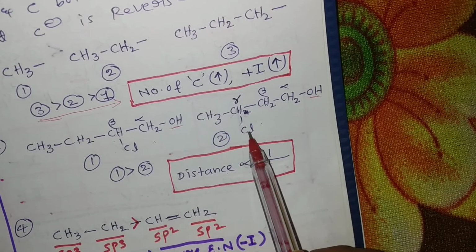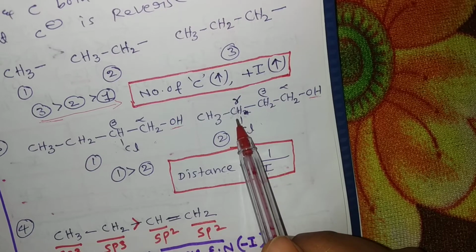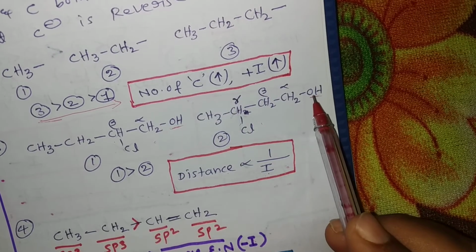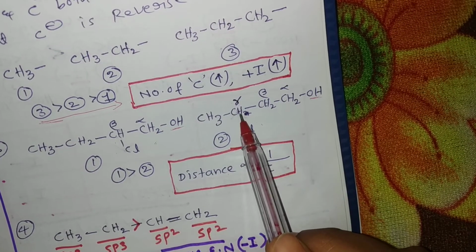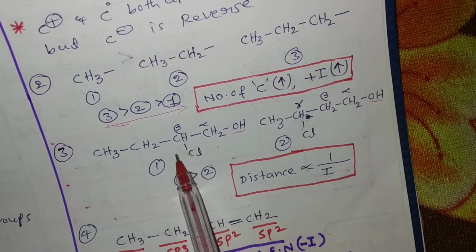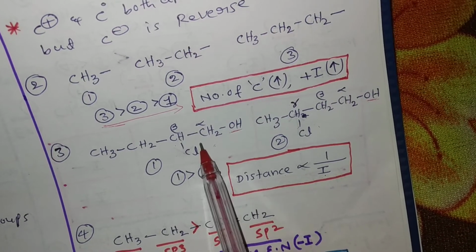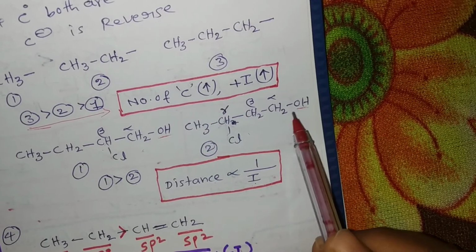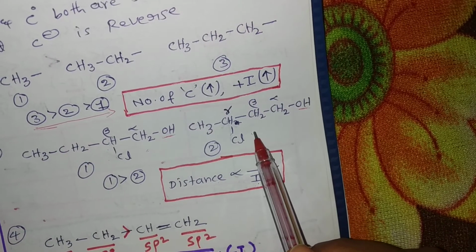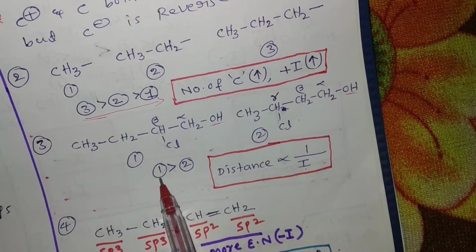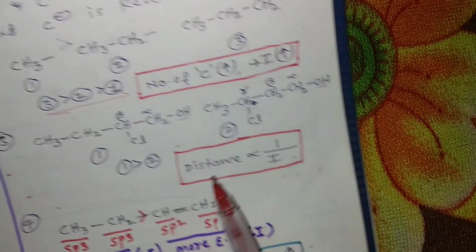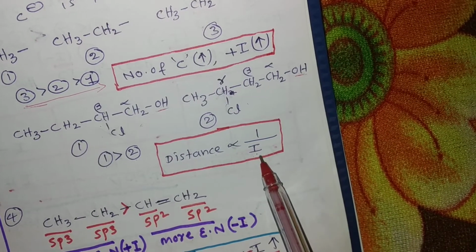In the second, chlorine is attached to the third carbon, the gamma carbon. So in the first example the distance from the alcohol is less, and in the second example it is more. So the first has more inductive effect than the second, because as the distance increases, the inductive effect decreases.